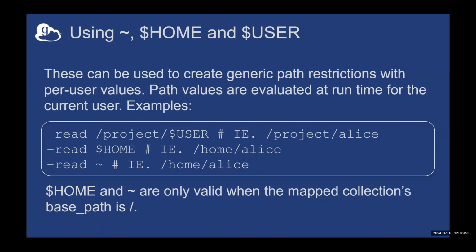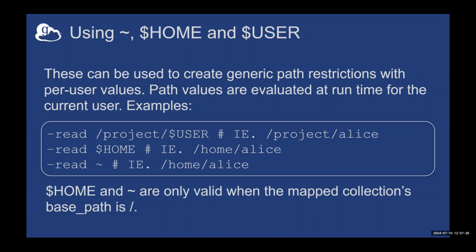So if Alice were setting permissions on a guest collection that she owns, this example policy will allow her to grant read permission to /project/Alice to external users of her guest collection. Likewise, if the same rule is in effect and user Bob is creating guest collection permissions, he'd be able to grant read access to /project/Bob. That way you can write fewer path descriptions using the variable and have it cover multiple users.